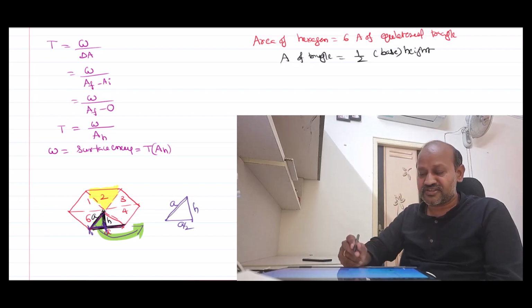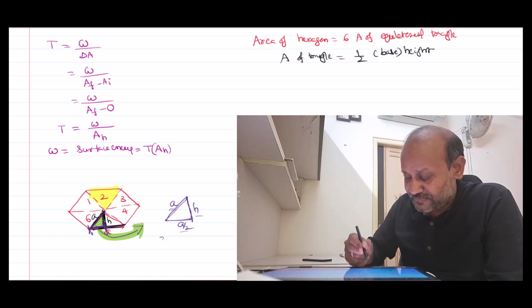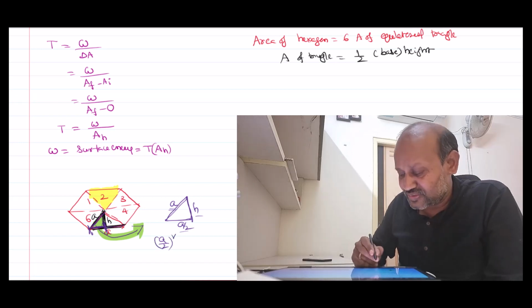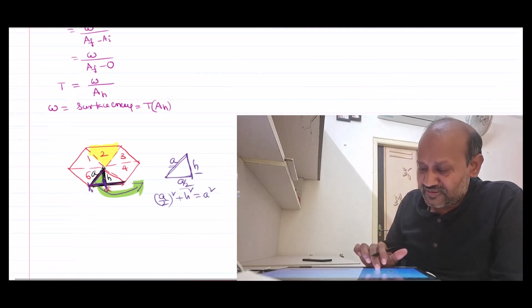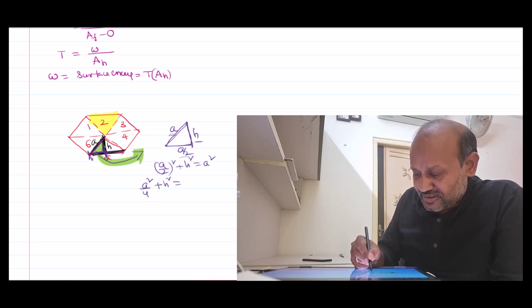In a right angle triangle, I can apply the Pythagoras theorem: this square plus this square equals this square. That is, A by 2 whole square plus H square equals A square. Simplifying, A square by 4 plus H square equals A square.